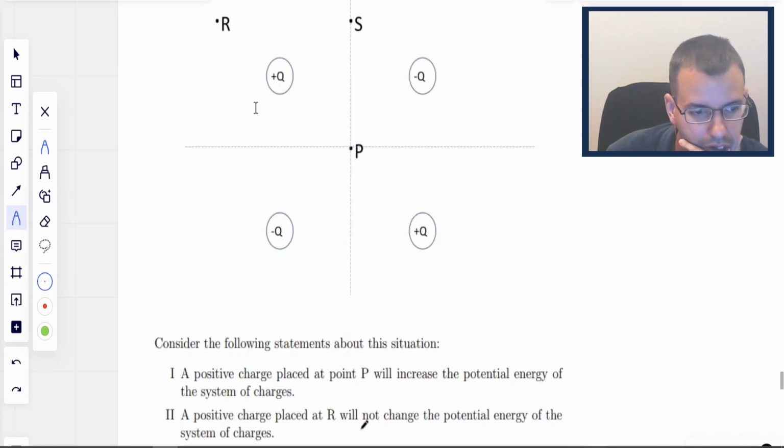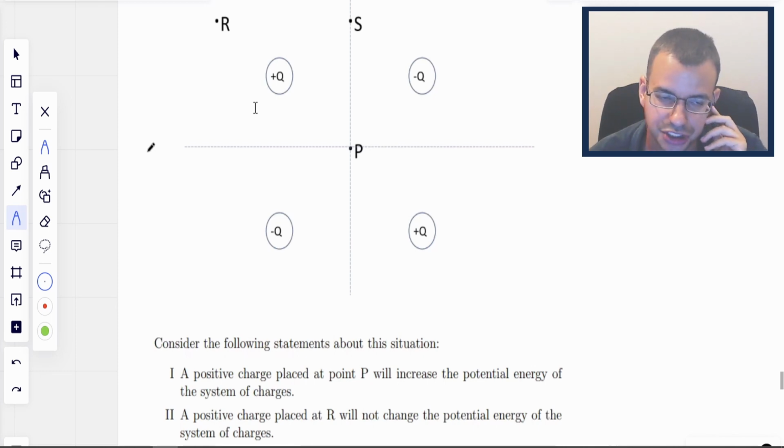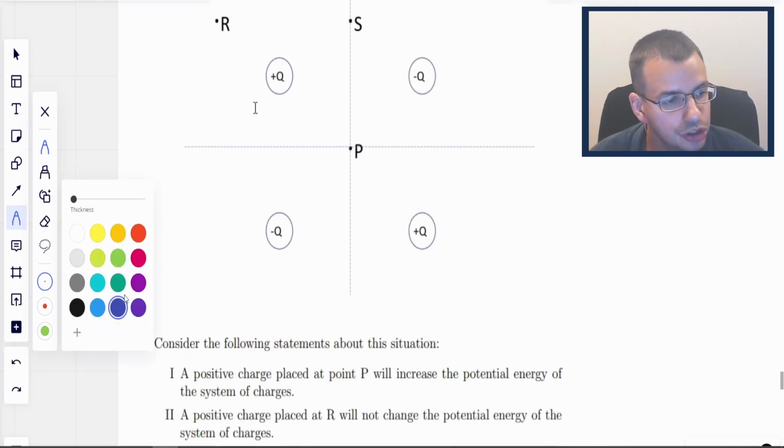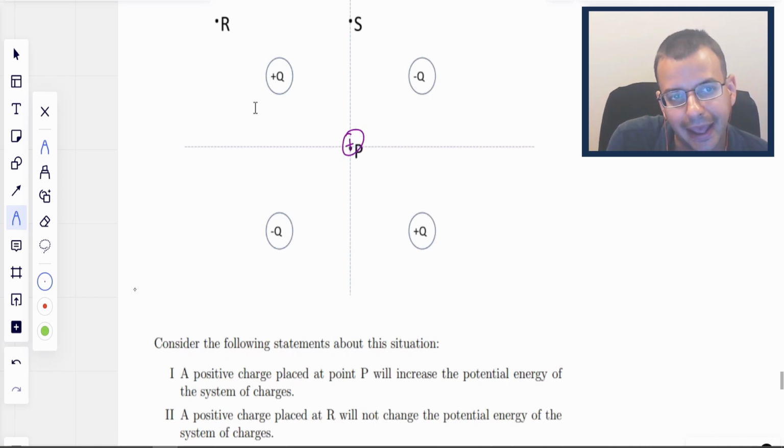All right. A positive charge placed at point P, in the center, will raise the potential energy of the system. Okay, so what we're going to do is take a positive charge, place it right there, and look at how this affects the total energy of the system.